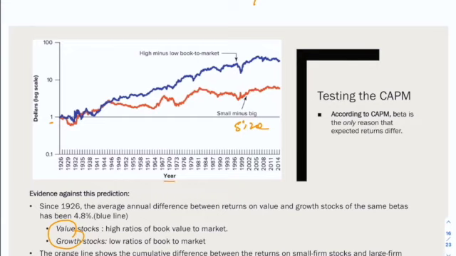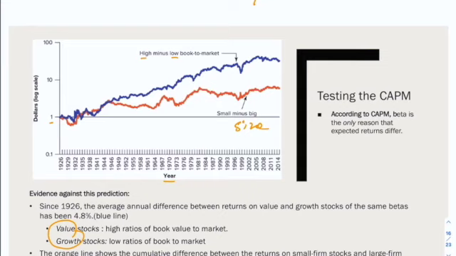Basically, they found two portfolios with the same beta, and one portfolio has a high book-to-market ratio, and the other has a low book-to-market ratio, and they short the portfolio with low book-to-market ratio, and they long, or buy, the portfolio with high book-to-market ratio. If CAPM is correct, only beta matters.